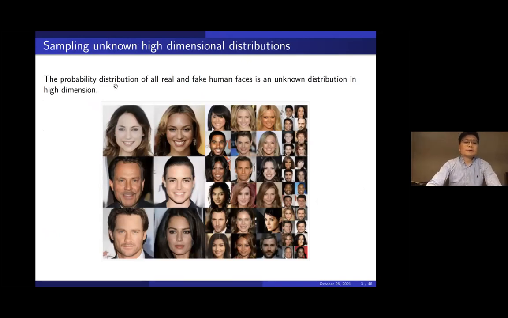We can think of the pictures of human faces as a random variable in the space of images. We don't know the probability distribution of that random variable, but we have a finite sample of it, namely pictures of real human faces. From that finite sample, we can approximate the underlying probability distribution sufficiently accurately and generate new samples. These new samples are pictures of fake human faces, and that's what we are seeing.